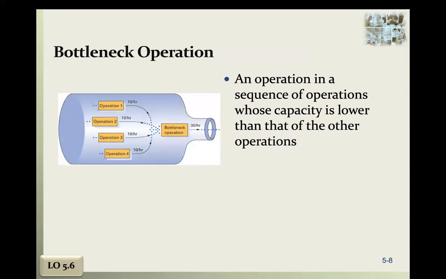Another term that we will be using in quantitative problem solving is called a bottleneck. For instance, let's say an operation in a sequence of operations whose capacity is lower than that of the other operations. Now, let's say this is an organization and there are different operations, operation 1, 2, 3, and 4.